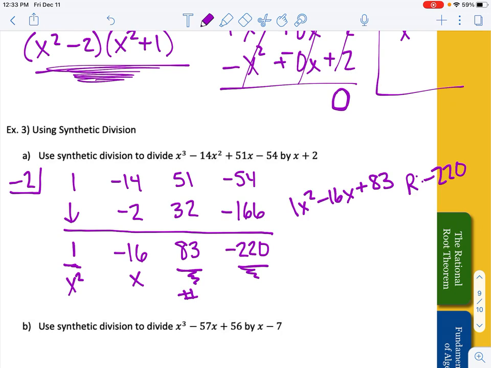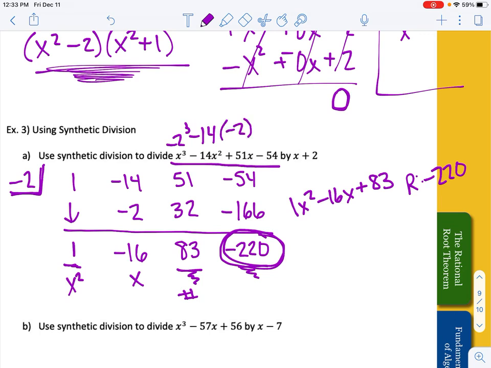Now, something pretty cool here. If on Math Excel, it gave you this polynomial and asked you to plug in negative 2, so to find the solution when x is equal to negative 2, well, when you do synthetic division with negative 2 out front, the remainder is actually going to be the solution if you were to plug in negative 2 for all these x values.